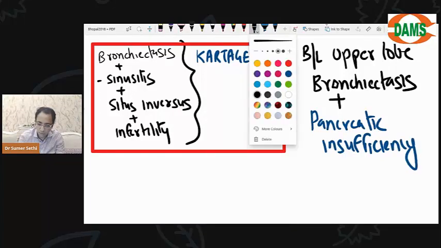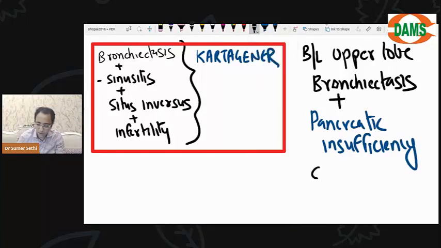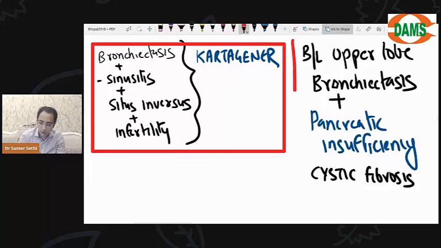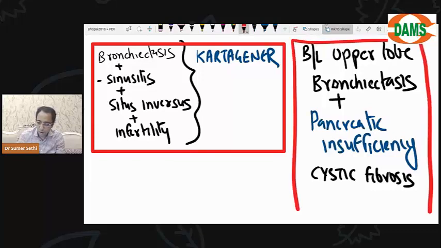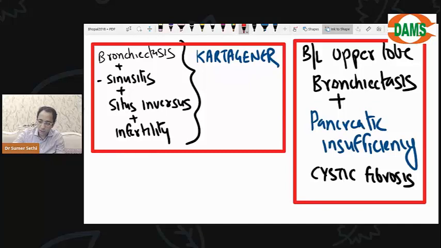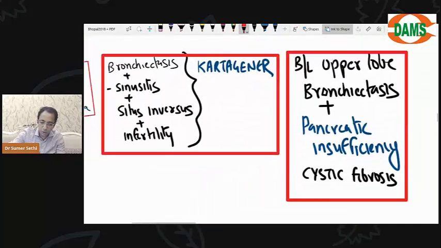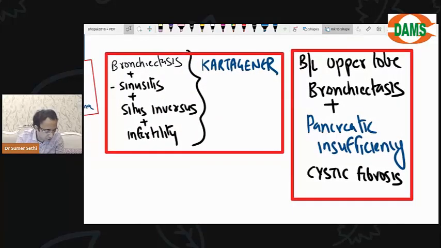Then you think of cystic fibrosis. So bronchiectasis with pancreatic insufficiency, we are trying to build an integrated question on cystic fibrosis.